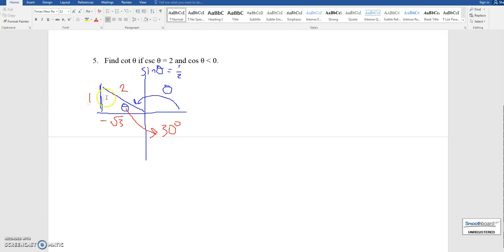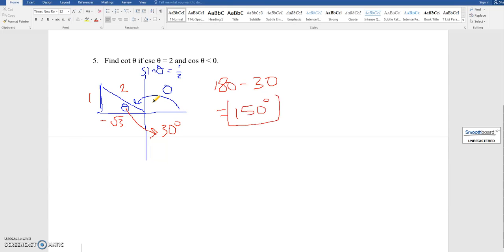Cosecant would be 2 over 1, etc. But I want to really focus on finding this angle right here. That's really the angle that we're talking about. Well, if this is 30 degrees, all of this is 180. So in the end, I just have to say, well, what's 180 minus 30? I get 150. That's really the angle that I want to use for this particular question.